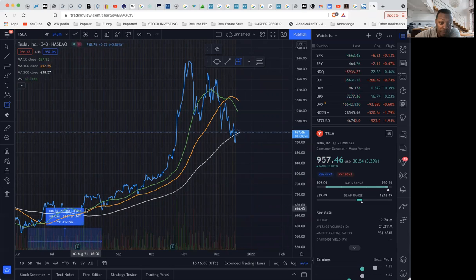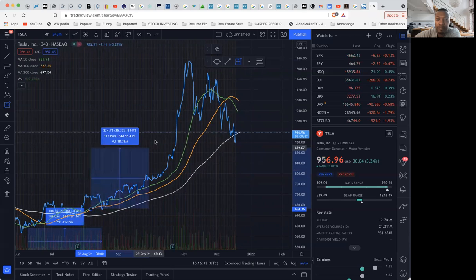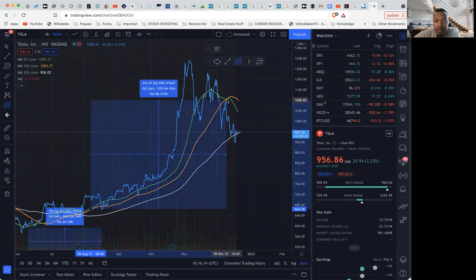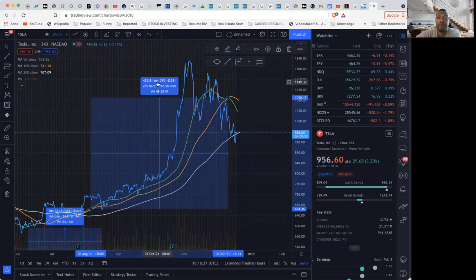You can still back test it. I can go back here to, let's just start here just to be simple, August the 6th. From there to December the 10th, last week, if you would have gotten out from there, that's actually pretty close to what I said before, 64%, 126 days.